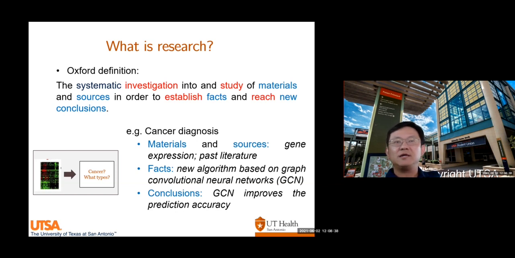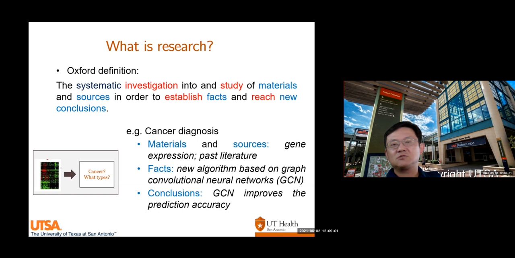So using, again, this paper as an example, the paper concerns performing a so-called cancer diagnosis, or being able to predict the type of a cancer from the so-called gene expression data. So you don't have to worry about what gene expression is.